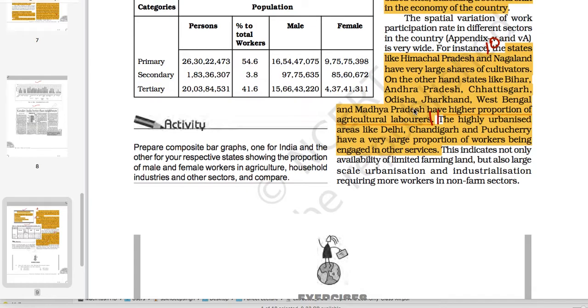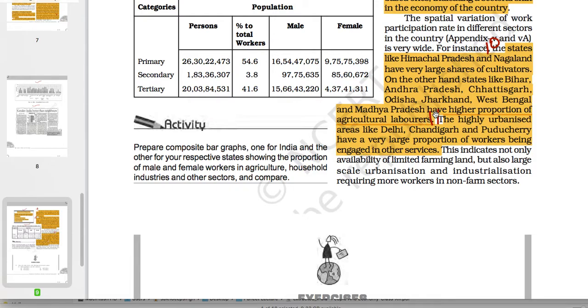And the next point, the states like Himachal Pradesh, Nagaland, have a very large share of cultivators. But on the other hand, in Andhra Pradesh, Chhattisgarh, Odisha, Jharkhand, West Bengal, Madhya Pradesh, the agricultural laborers are more.